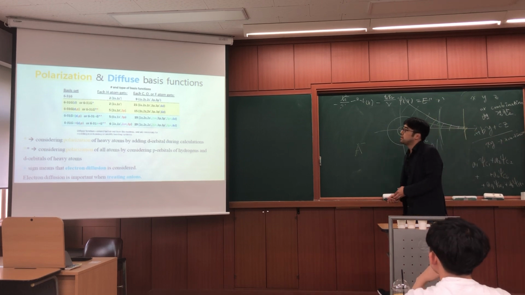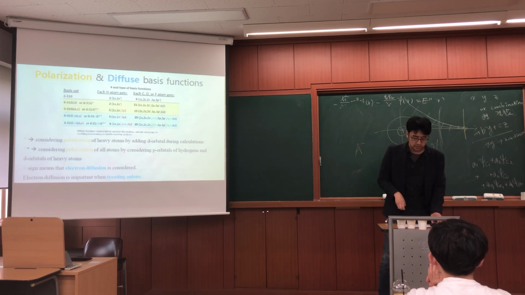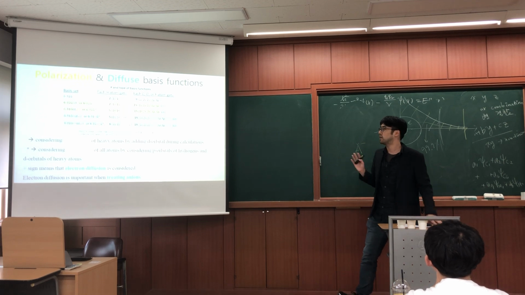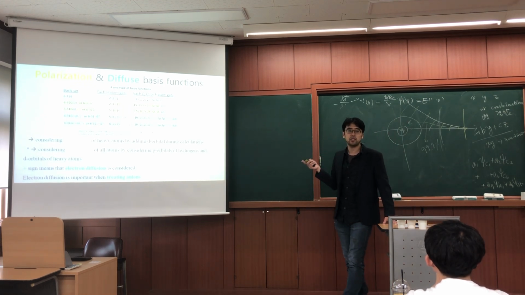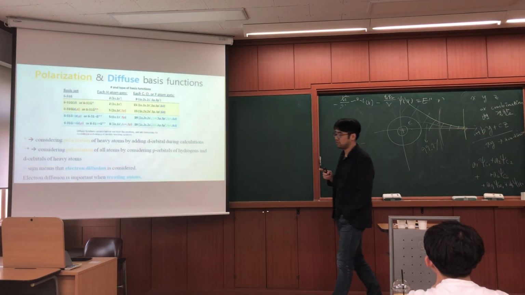So you have to take the diffusion into account. I know that these things sound very complex and maybe too hard, but actually running Gaussian is much easier than running proteins. So you'll see.